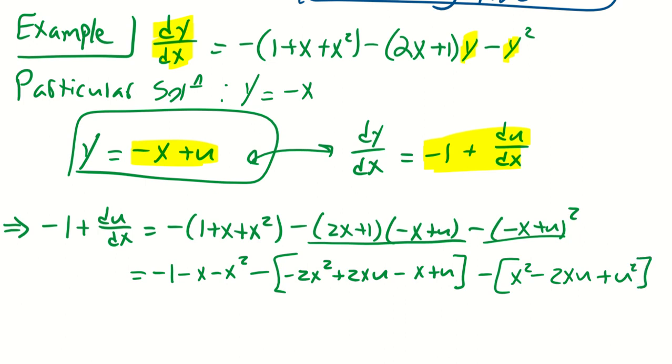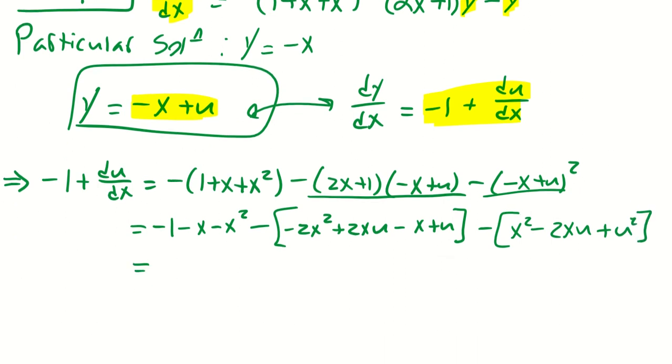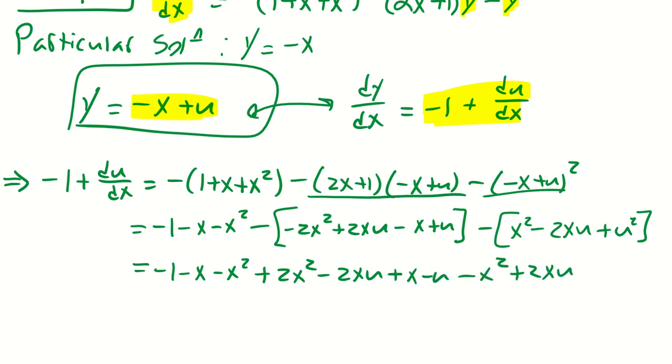Great. And let's continue to work on that. So we have minus 1 minus x squared plus 2x squared minus 2xu plus x minus u minus x squared plus 2xu minus u squared. Great. And the left-hand side is just minus 1 plus du dx.